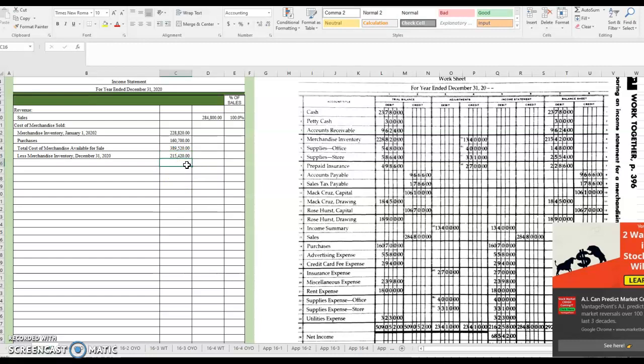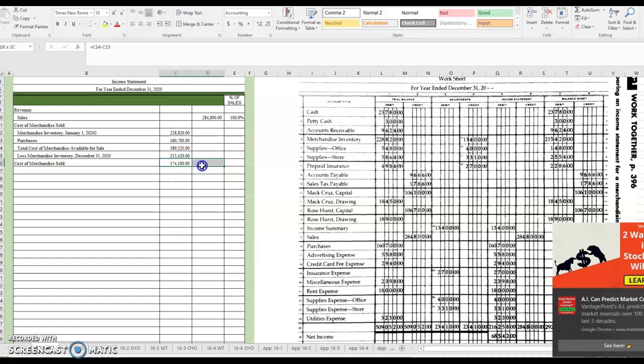So this will be equal sign this minus this. I'm just going to press enter, and you see 174 becomes what's called the cost of merchandise sold.